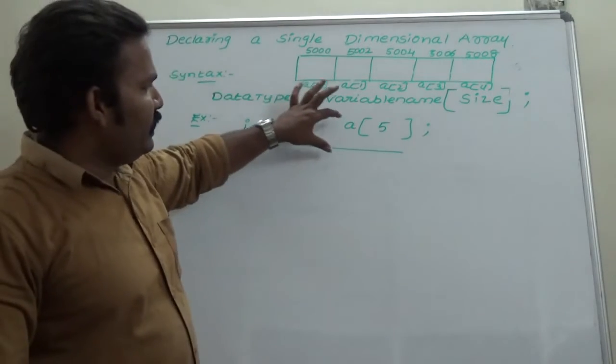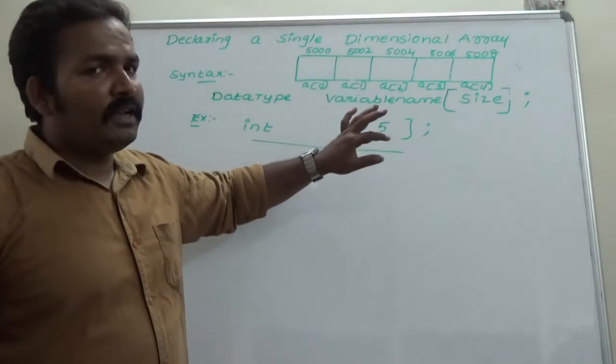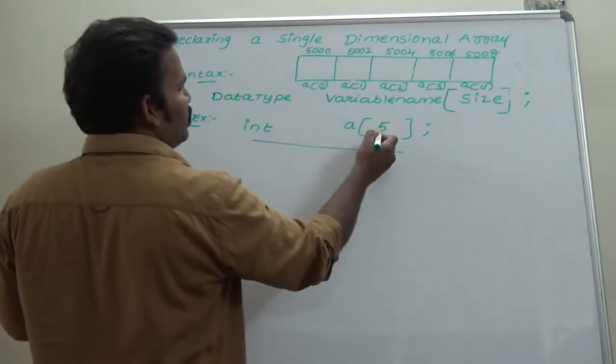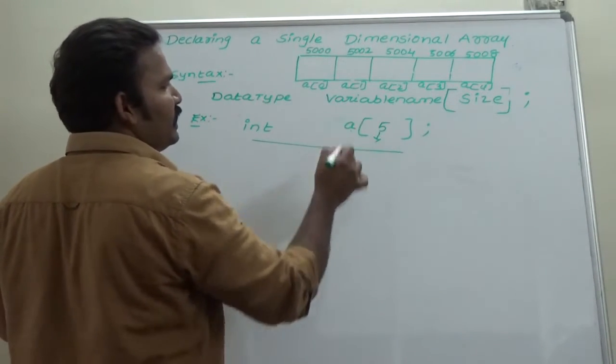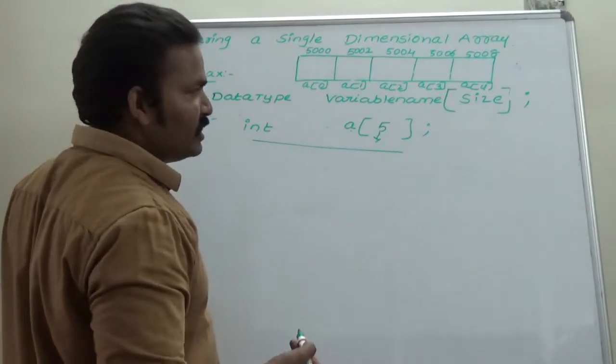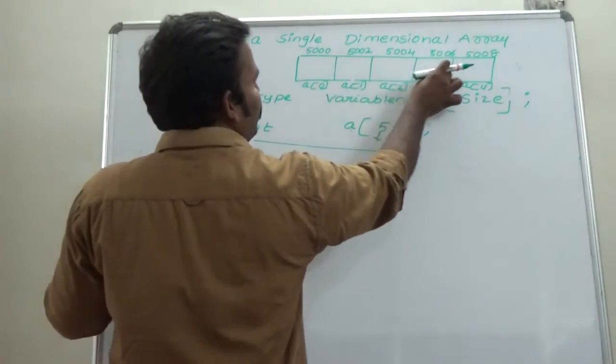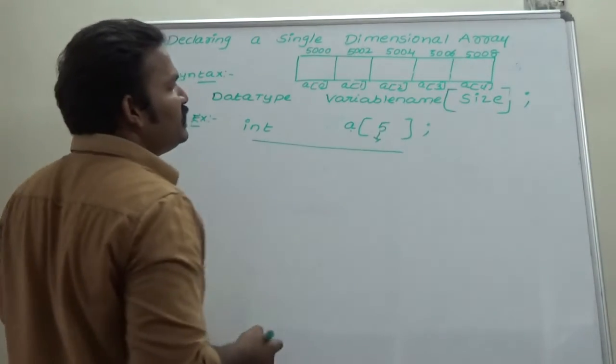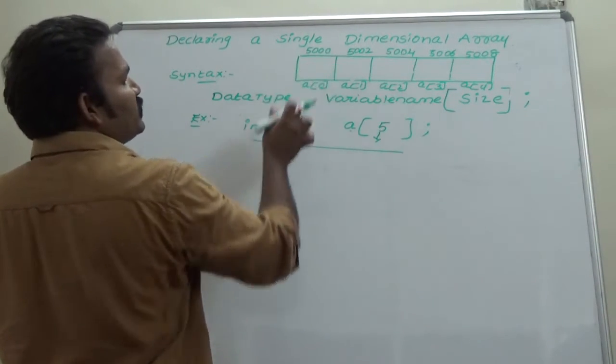So if we declare an array like this, the C compiler allocates 10 bytes memory. The size is 5, which means this array can hold 5 elements. Here each element occupies 2 bytes.